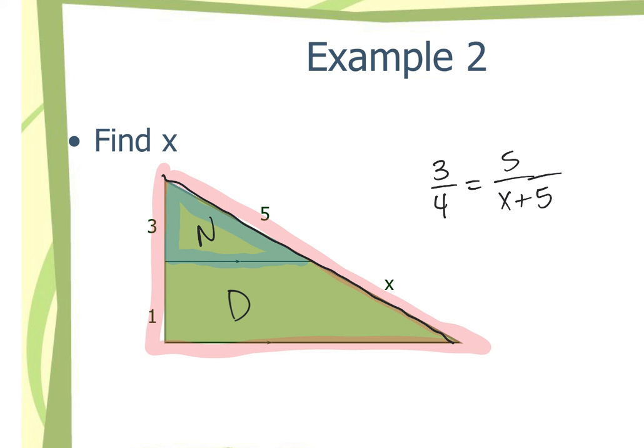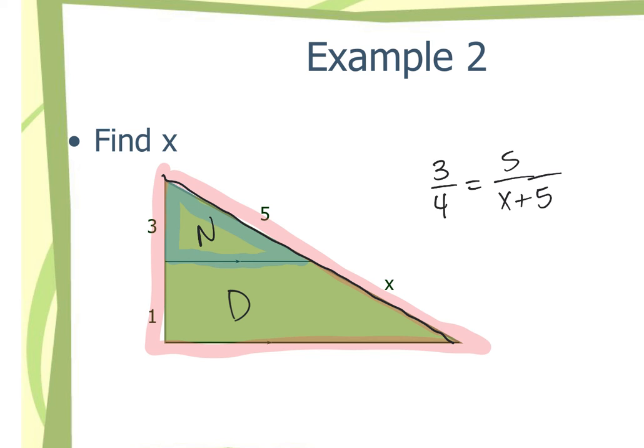Okay. Now, I know you guys got lost here, but let's walk through it one step at a time. Do you agree that this side right here is the smaller side of this triangle? It's going to correspond to this big side. If this is 3 and this is 1, what's the length of the big side? 4, right? So that's how we got 3 over 4.